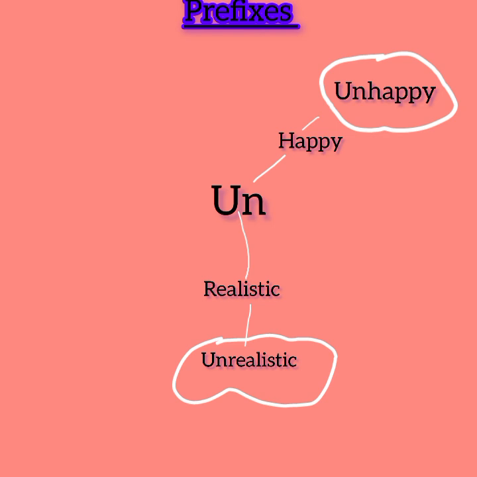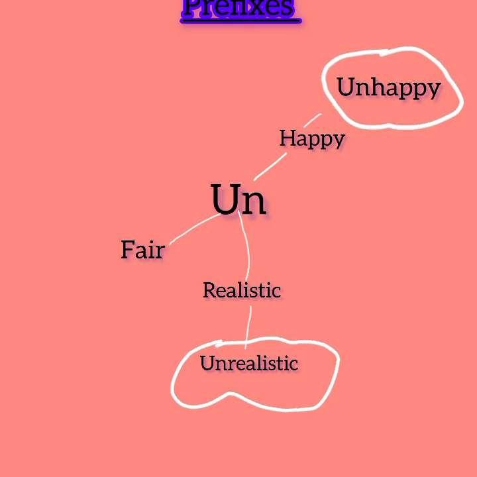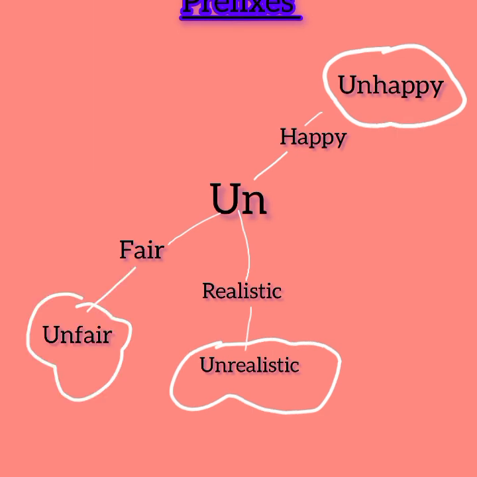Moving further, the next word is fair, and we know that the word fair means impartial or just, or anything which is done without any favoritism. But when we add the prefix un to it, it again makes its opposite, which is unfair.